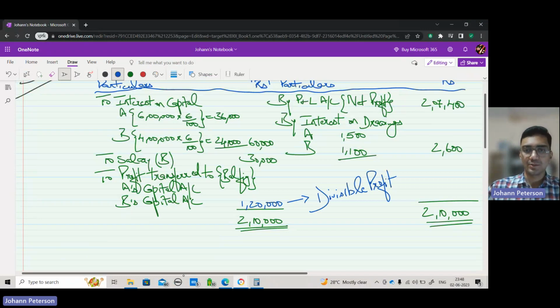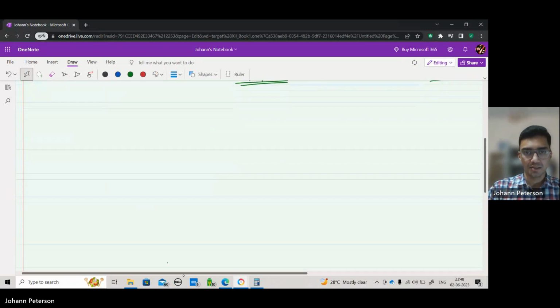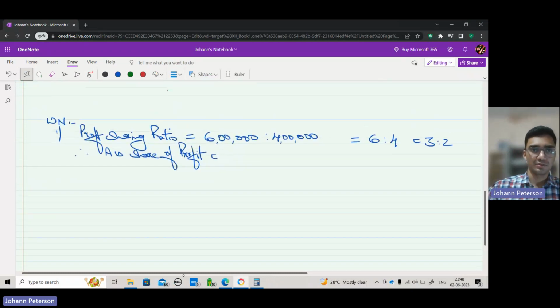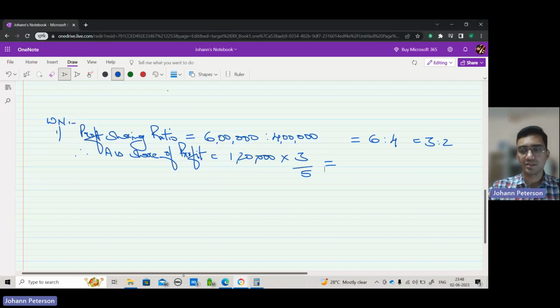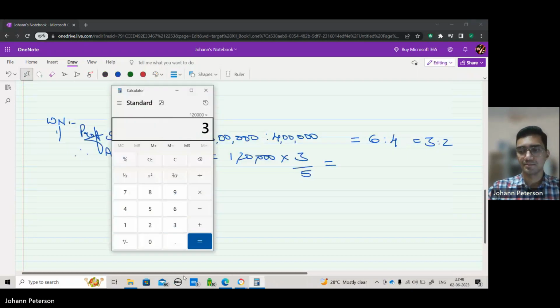So now this 1,20,000 we have to give it to A and B. So we have made our working note for that. So in our working note, let's solve this. A's share of capital is 1,20,000 into his share is 3, and the total of this is 5. So 1,20,000 into 3 by 5 is 72,000.